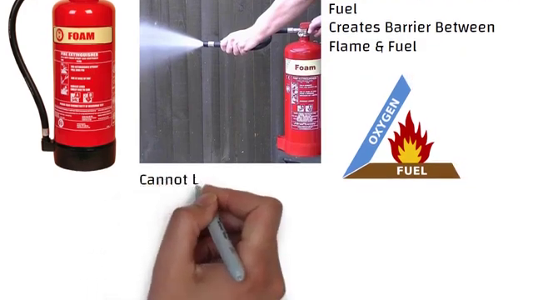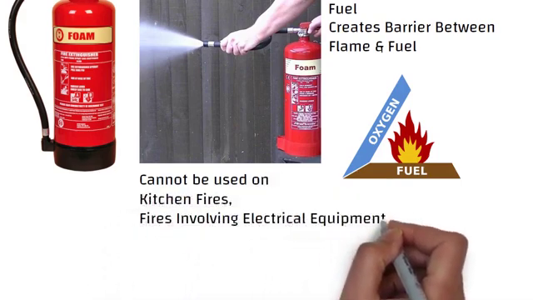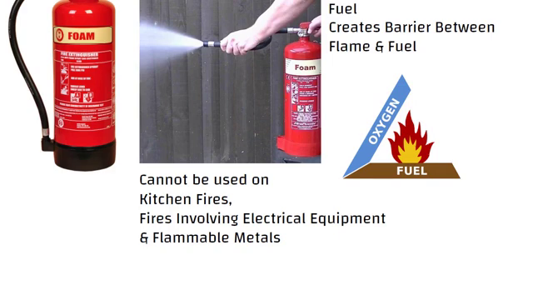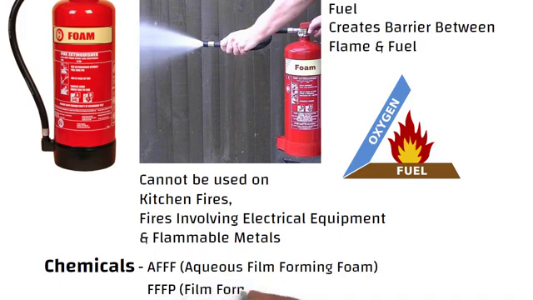However, it cannot be used on kitchen fires, fires involving electrical equipment and flammable metals. The chemicals used in foam extinguisher are AFFF, means aqueous film forming foam, or FFP, means film forming fluoroprotein.